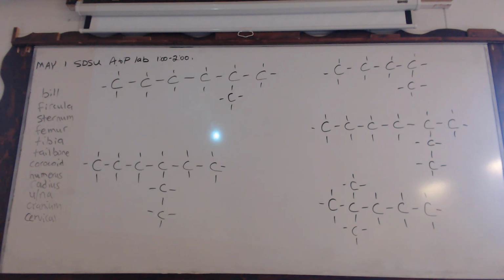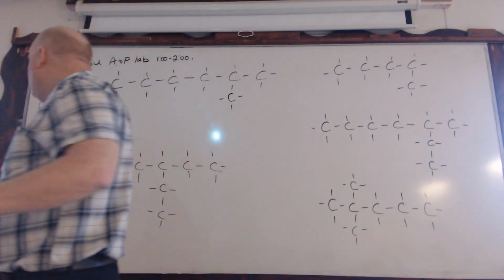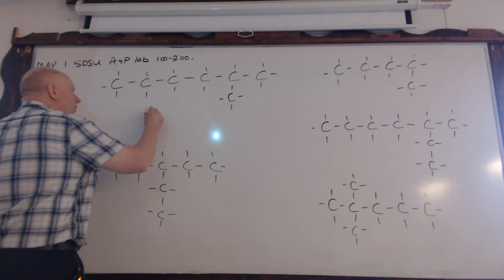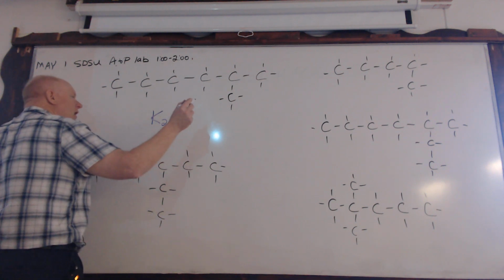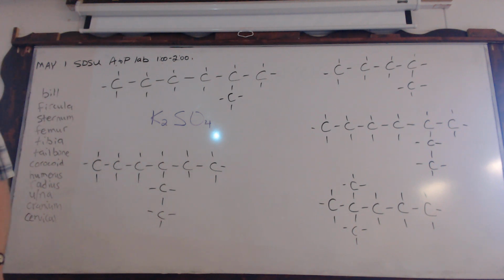That is different from what we've been doing up to this point, which was inorganic chemistry, because that would include something like potassium sulfate, okay? So what is potassium sulfate? Potassium. Okay, that means you've got 2 atoms of potassium, 1 atom of sulfur, and then 4 atoms of oxygen.